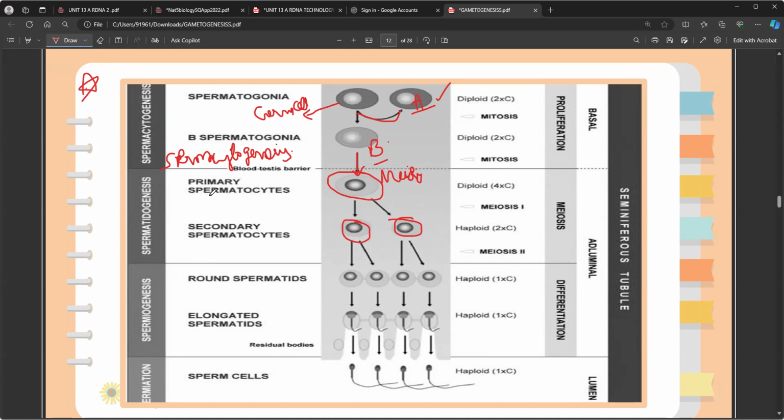In simple words, formation of the spermatogonia we call spermatogenesis, and formation of the spermatocytes we call spermatocytogenesis. Remember everyone, I want you to remember this statement compulsorily: spermatocytogenesis is the process of formation of both primary and secondary spermatocytes.